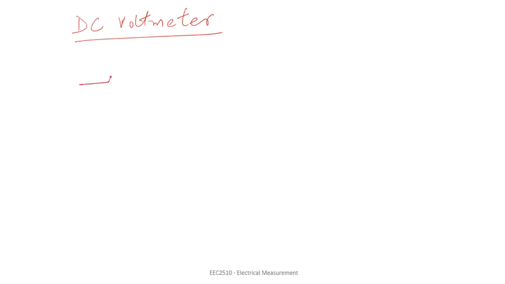So the circuit of the DC voltmeter becomes this. This is the series resistance, which is represented as Rs. This is also called the multiplier resistance, and this is that same Rm, which is the coil resistance.